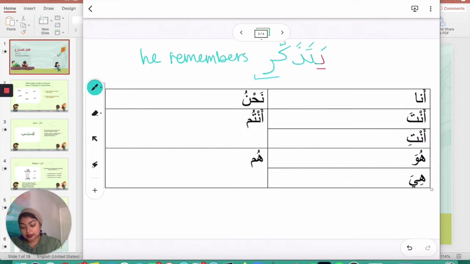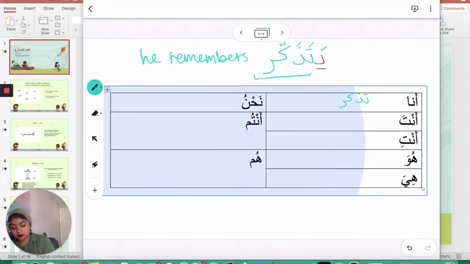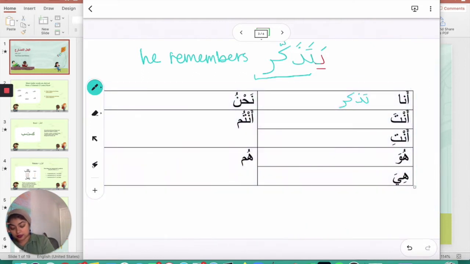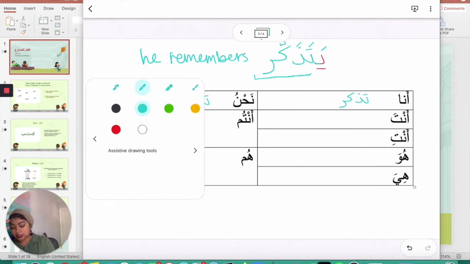So everything in blue is the stem. Everything that's in blue is going to stay exactly the same for all of them. The only thing that's going to change is this first letter. That's it. So for every single one of these, you should have this stem, تذكر. But what changes is the first letter.